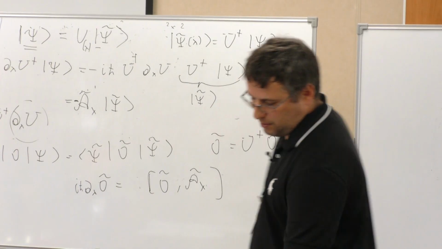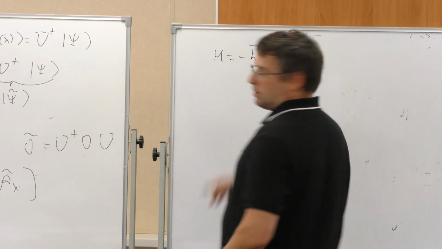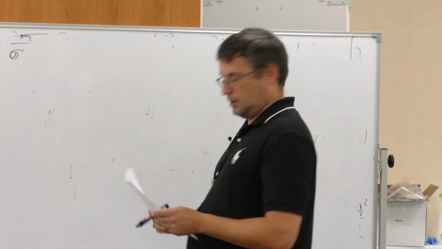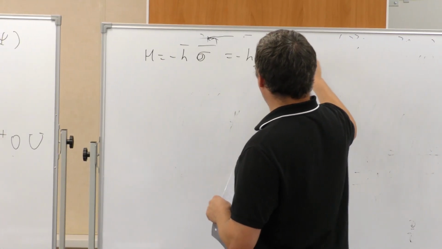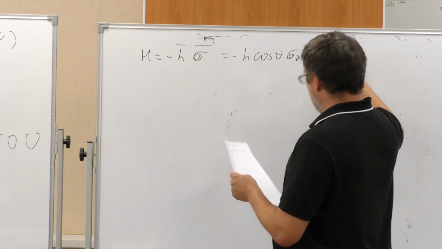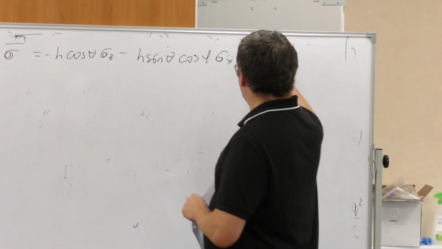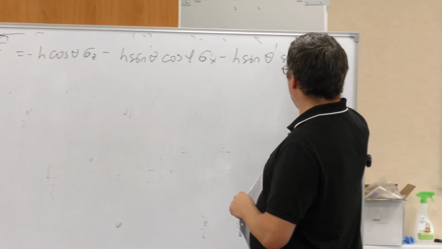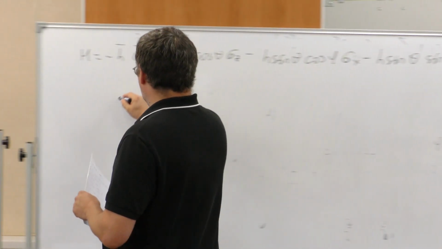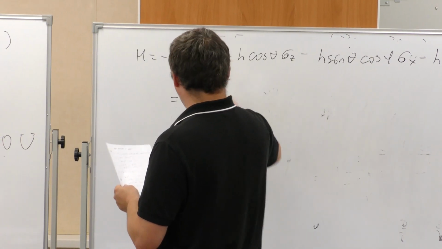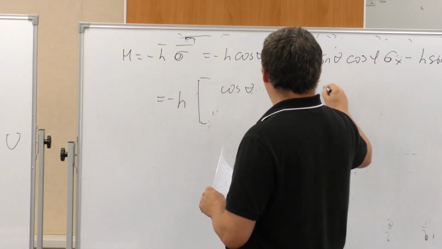I'll take a very simple Hamiltonian H, which is just a particle in a magnetic field, or a two-level system in a magnetic field, which I can write as minus h cosine theta sigma z minus h sine theta cosine phi sigma x minus i sine theta sine phi sigma y, which is the same as minus h times a matrix with cosine theta, sine theta, and so on.